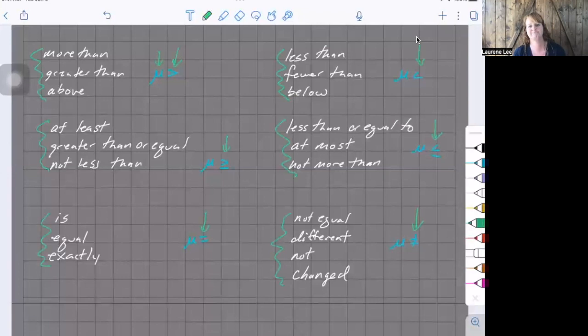Okay. So that's going to help you write your claim. And then you take whatever sign you have, you flip it, and you either add or remove that equal sign. So that's going to be the first stage of your hypothesis test, writing the claim and writing the complement of it.